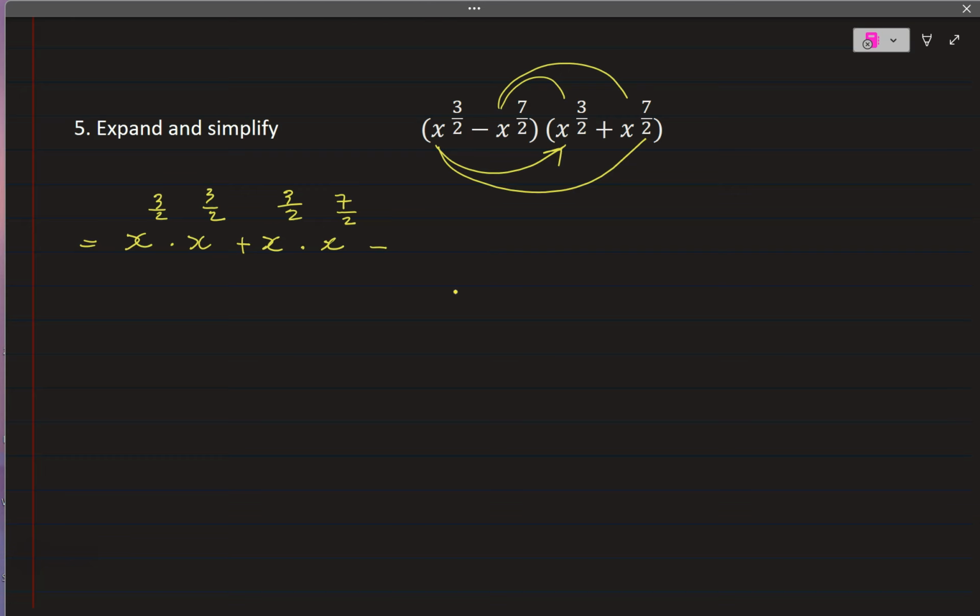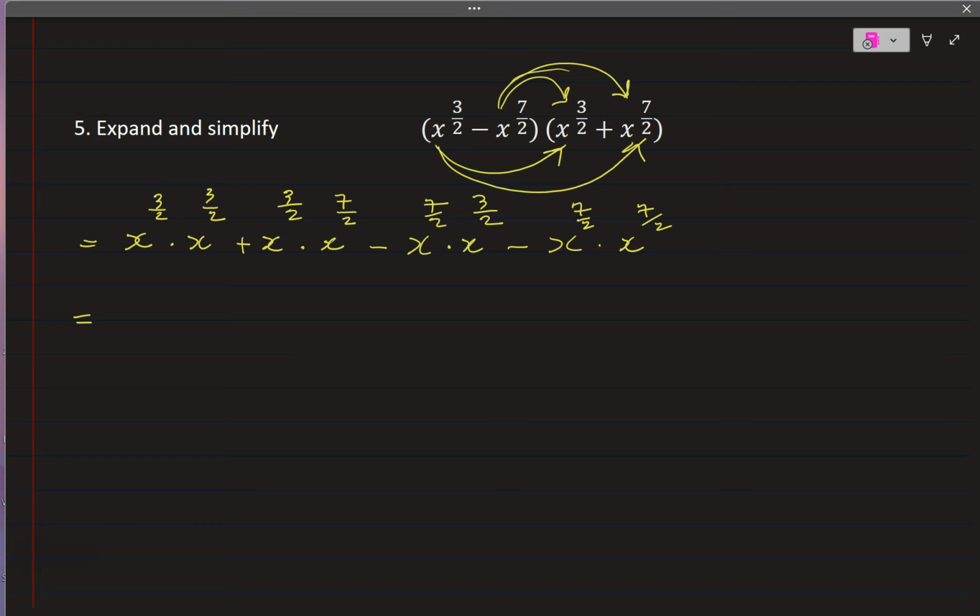So that was the second one on the first term. And then the inside, x to the 7 half, starts now. So negative x to the 7 half times x to the 3 half. And then negative again, because negative times a positive, because now we're doing the last one, that would be negative x to the 7 half times x to the 7 half. That's what it will be.